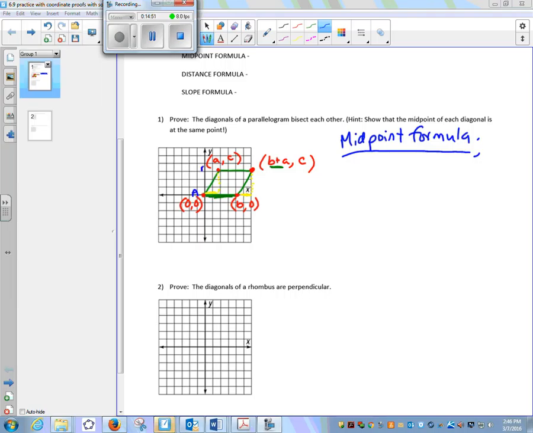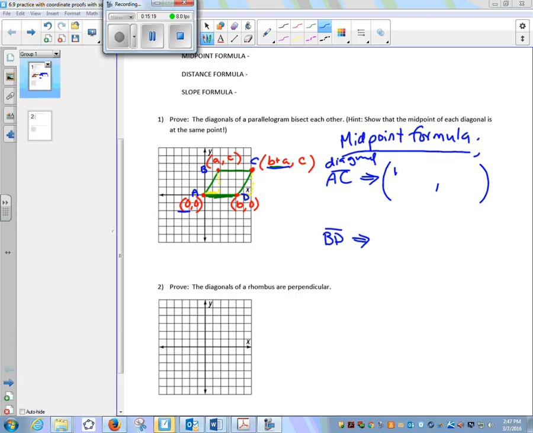Well, let's call this maybe A, B, C, and D. I'm going to find the midpoint of AC, that's one diagonal, and of BD. So the midpoint of AC, I'm going to do x plus x, right? So the x coordinate here plus the x coordinate here.